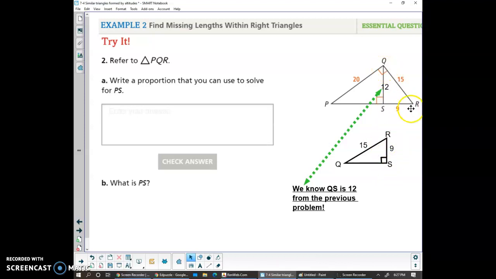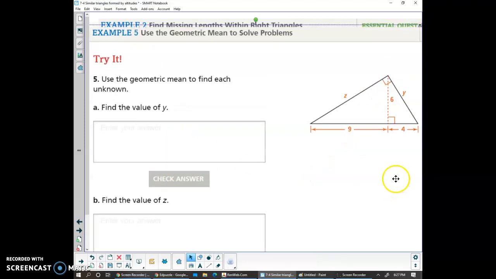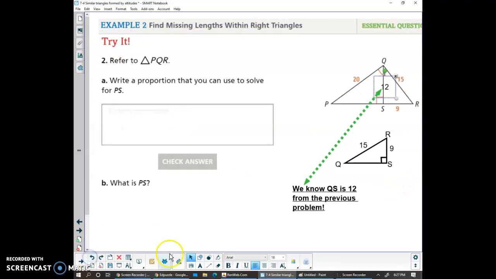And the hypotenuse 15 is now facing the same way as QPS. So remember, we know that QS is equal to 12, so let's make sure to label QS being 12. Now, since we know that, we can figure out what PS is.